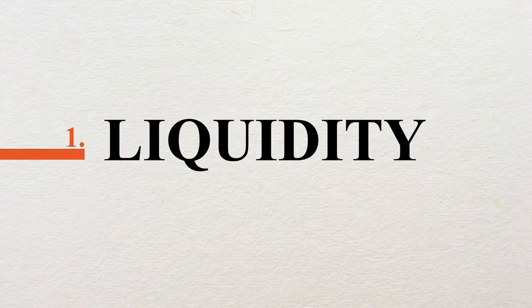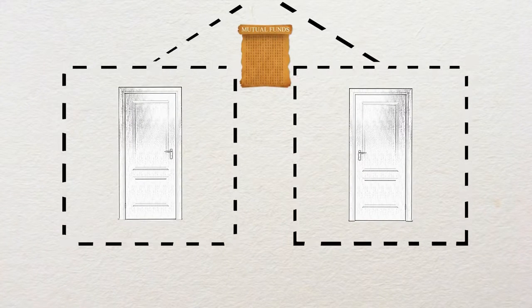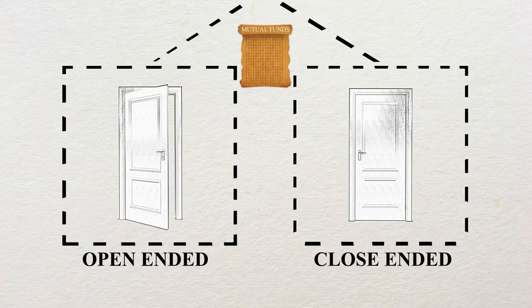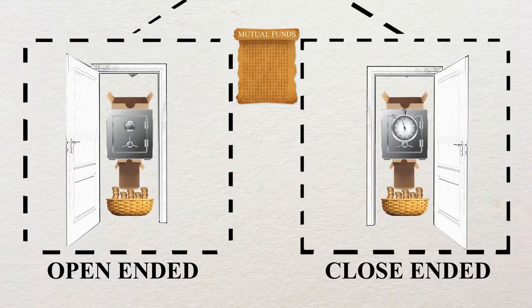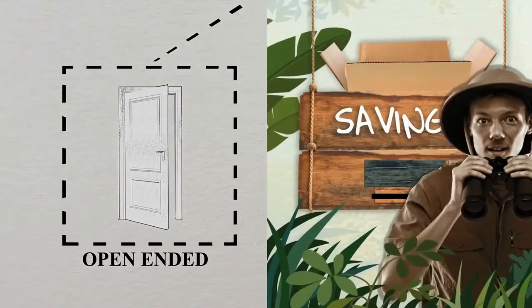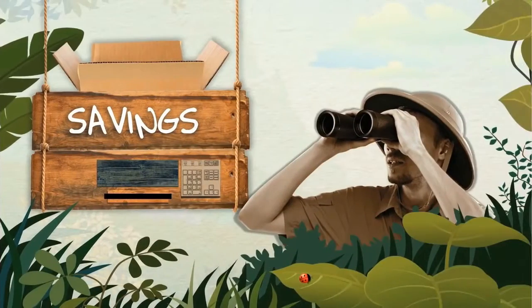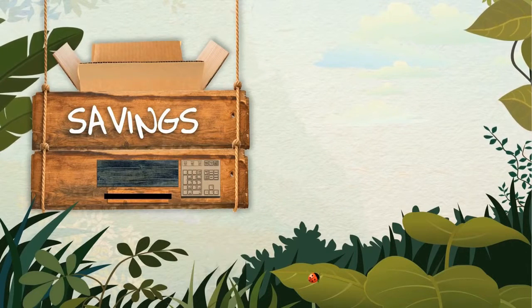If an investor's biggest concern is liquidity, then it's best to consider mutual funds as classified into two broad categories, open-ended and close-ended. While the fund management principles in the two will be similar, the operational feature of liquidity is different. Think about the way you save your money. In your savings bank account, you can deposit and withdraw any amount, and the account stays active even after withdrawing some money.